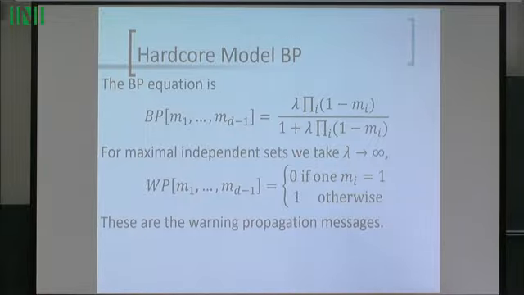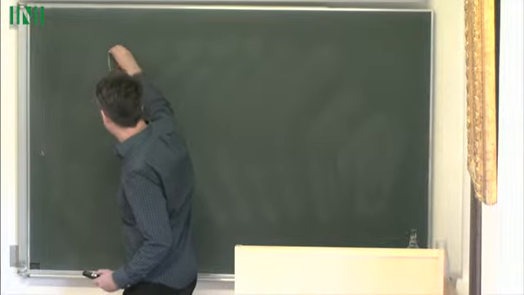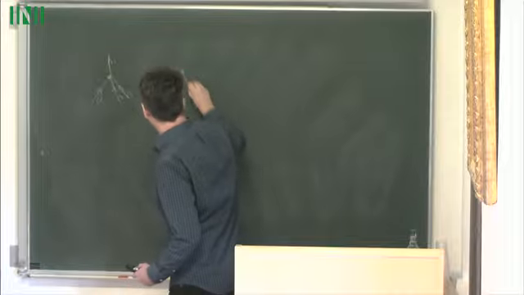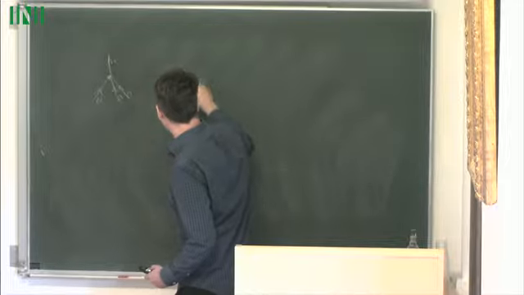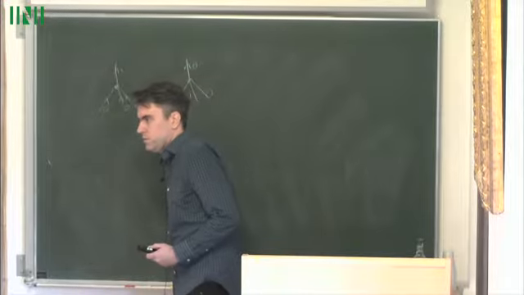There'll only be 2 values for the messages, either 0 or 1. If all the incoming messages are 0, then the outgoing message will be 1. But if you have 1 or more 1s, then the outgoing message will be 0.